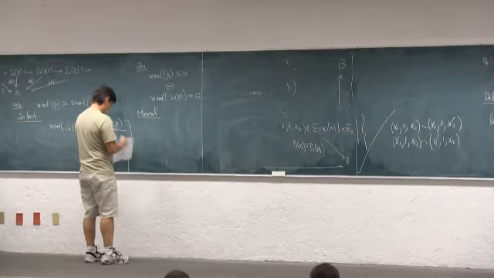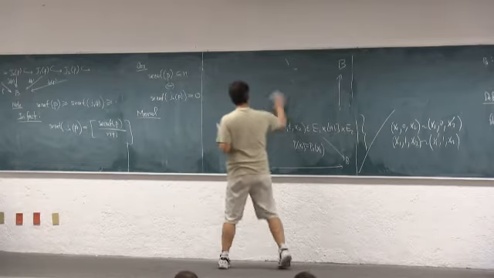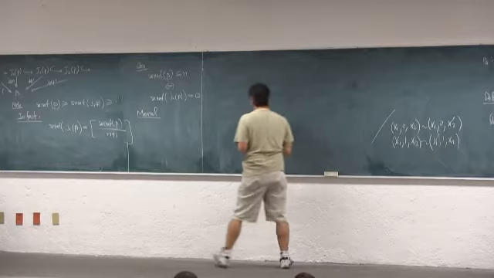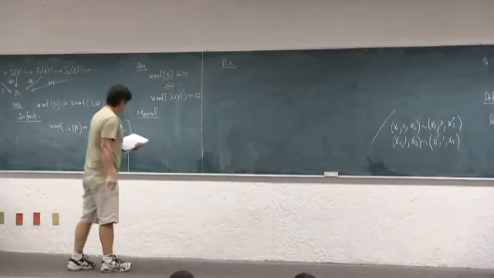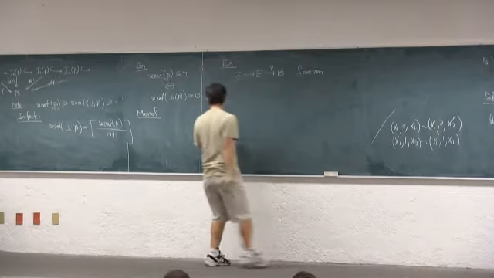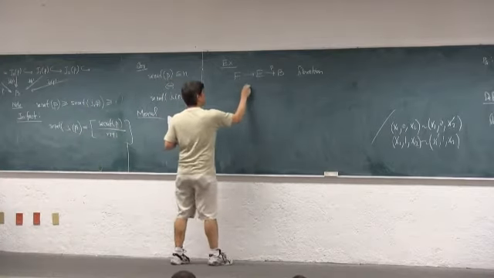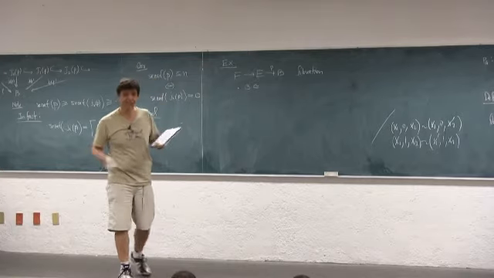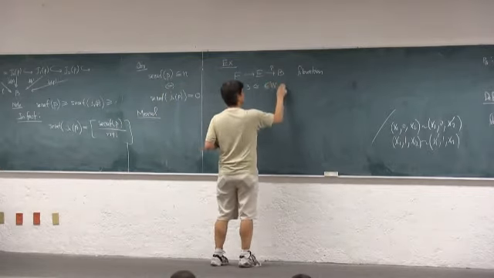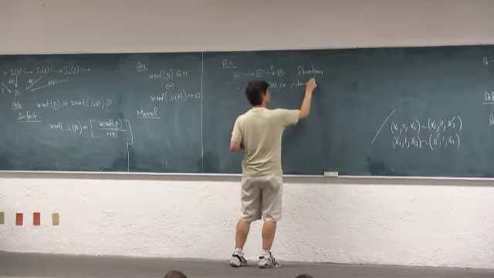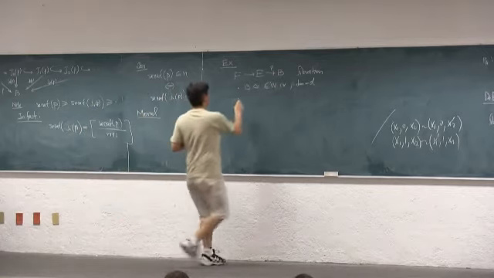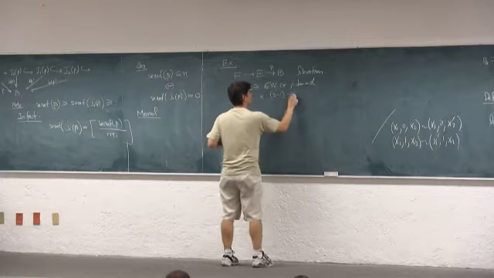So, an example. Suppose you have a fibration, and suppose that B has the homotopy type of a CW complex of dimension D. So this is a CW complex with dimension, say, D. And suppose that the homotopy groups of the fiber start in dimension S, so F is S minus 1 connected.